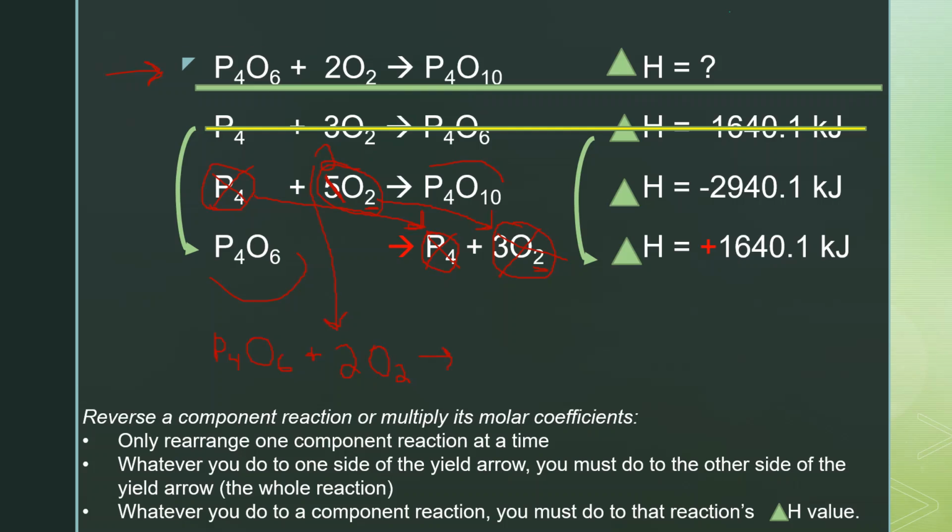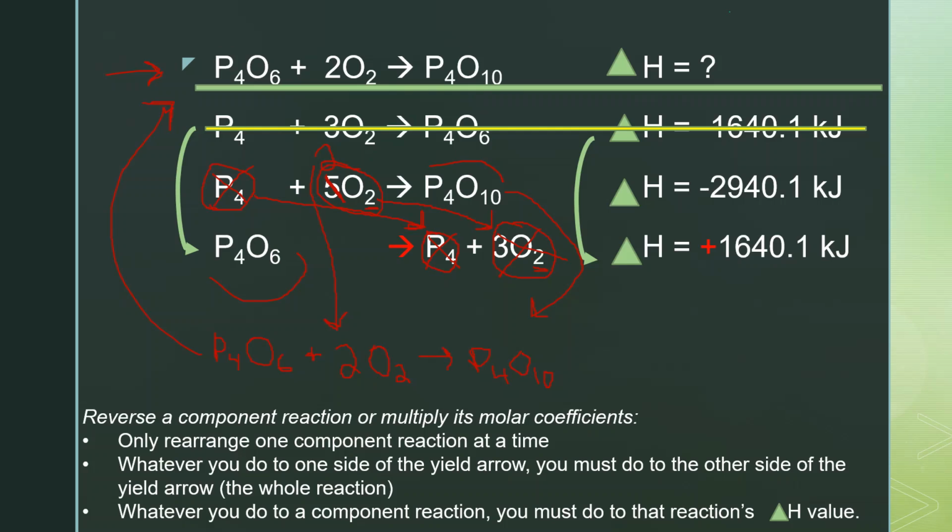And then what we have left over after the others were canceled out is the P4O10. So let's write the P4O10 down here. Now let's compare this new formula with the original formula in question: P4O6 plus 2 oxygens yields P4O10. Is that the same thing? Yes, it is. So we don't have to do anything else with these component reactions.